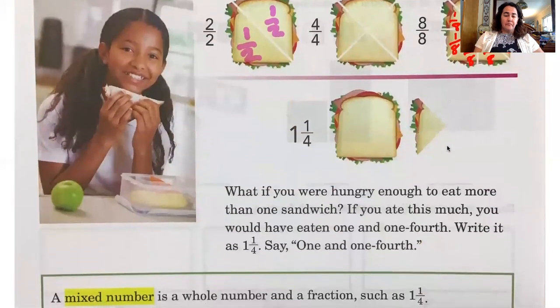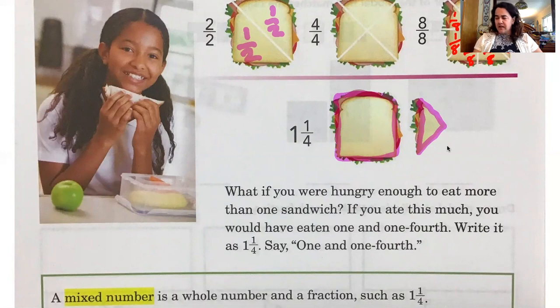So, what if you were hungry enough to eat more than 1 sandwich? If you ate this much, meaning if we had eaten 1 whole sandwich and this little piece of another one, then we would have eaten how much? We would have eaten 1 1/4.